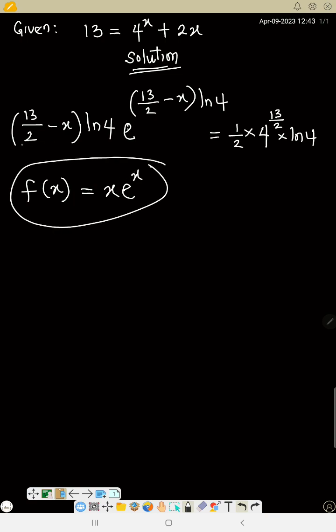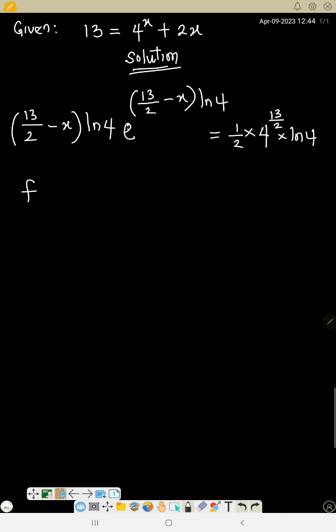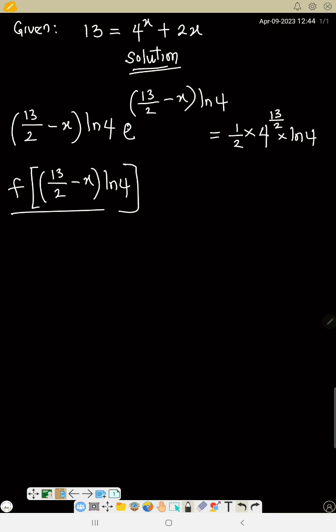So now, 13 over 2 ln 4 times e raised to power 13 over 2 ln 4 is the same thing as f of 13 over 2 minus s ln 4. So f of (13 over 2 minus s) ln 4 is this e raised to power this.